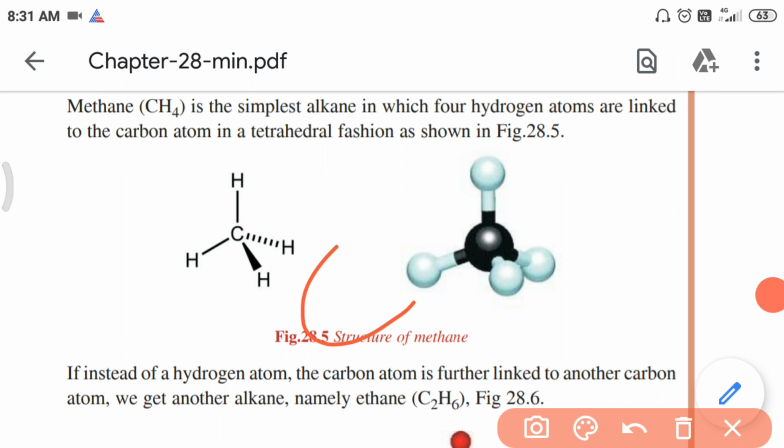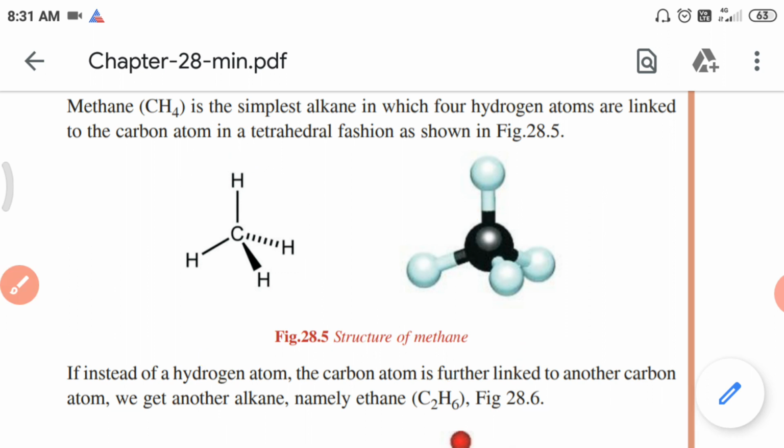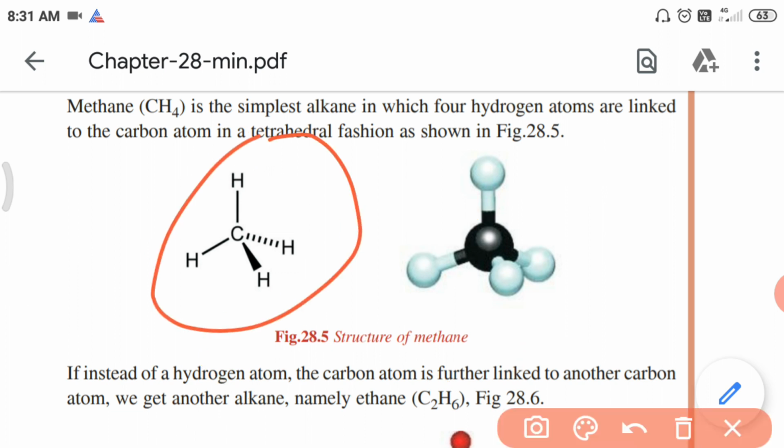A carbon shares its 4 valence electrons with 4 hydrogen atoms. This is methane. Methane contains only carbon and hydrogen. That means it is a hydrocarbon.